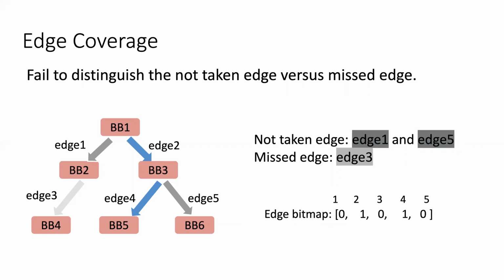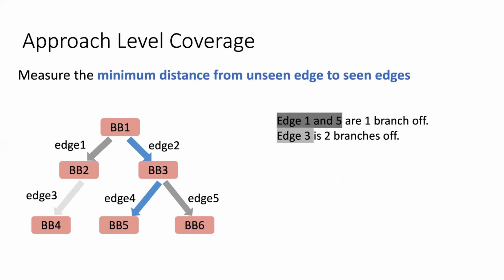Intuitively, not taken edges are more likely to be explored than missed edges since they're closer to the current execution path. But in the edge coverage metric, both types of edges are considered the same. To distinguish them, we propose a novel coverage to measure the distance of unseen edges to seen edges.